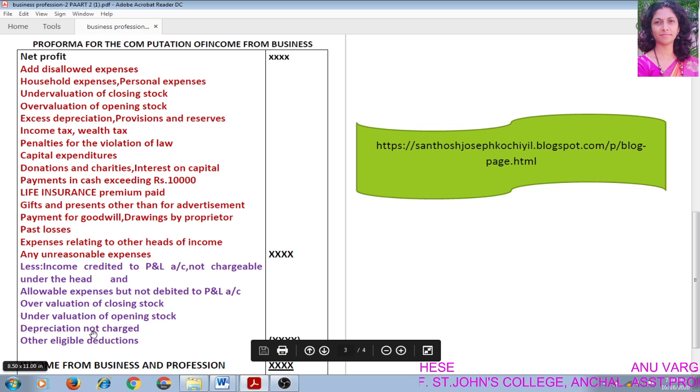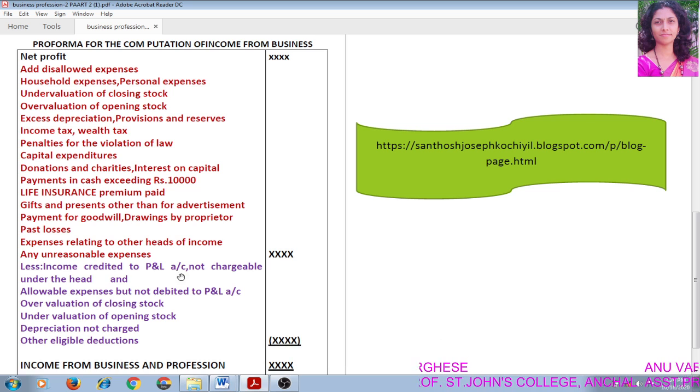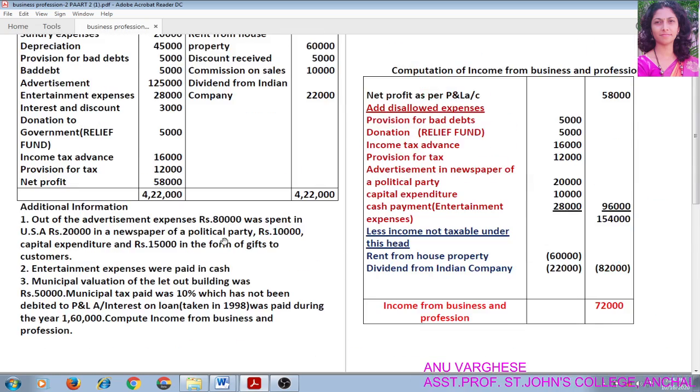If there is any depreciation that is not charged, other eligible deductions, all these items we can deduct. And if there is any income that is credited to P&L account, not chargeable under the head business and profession, then that income can also be deducted from net profit. Okay, now let us do the problem.